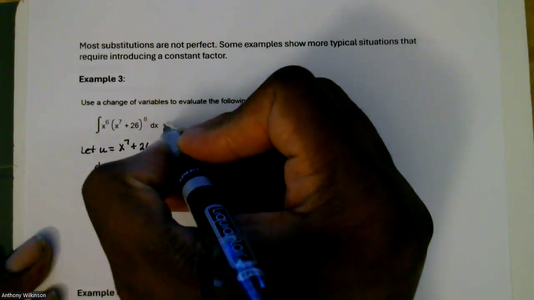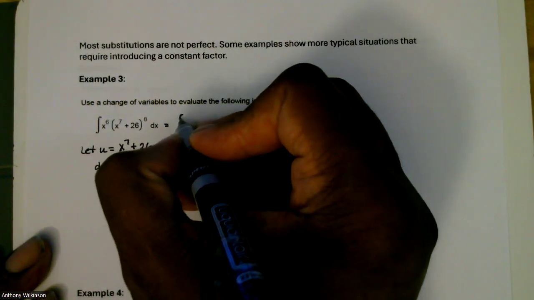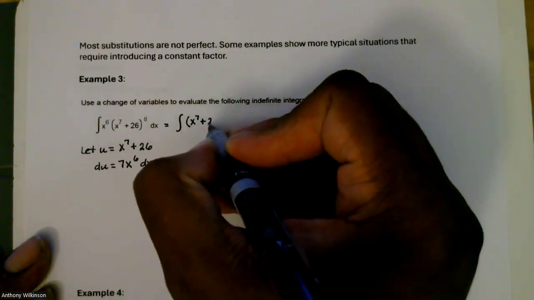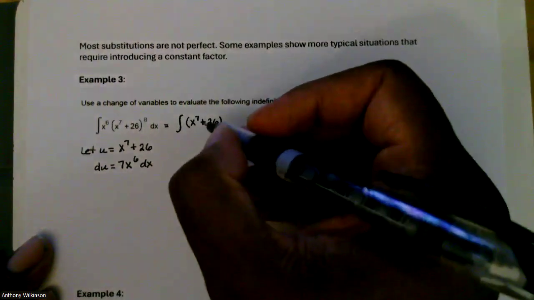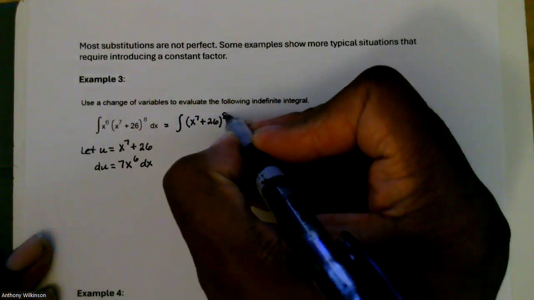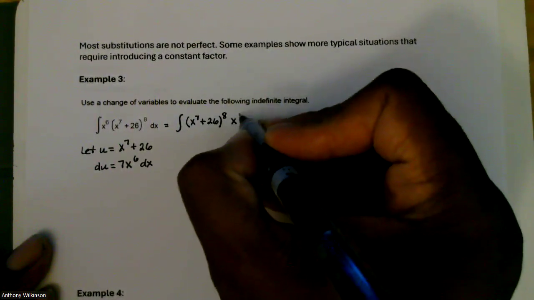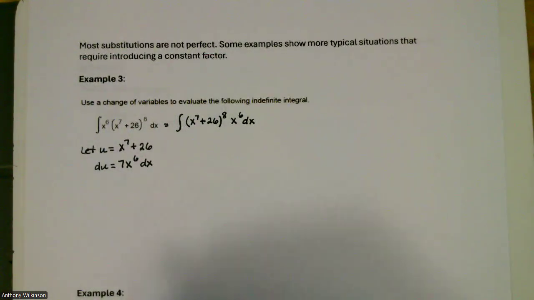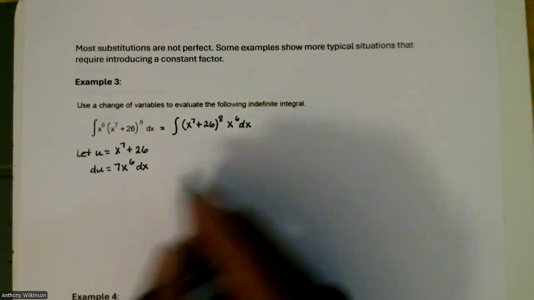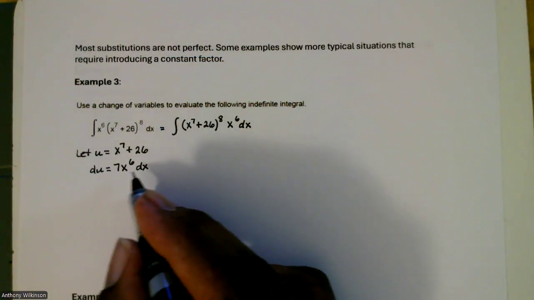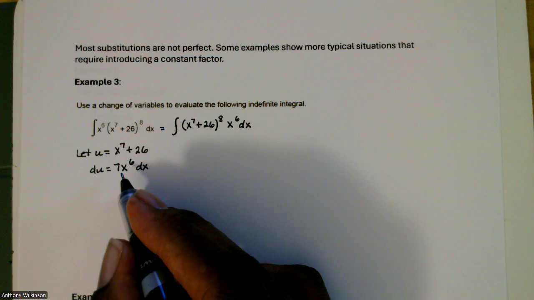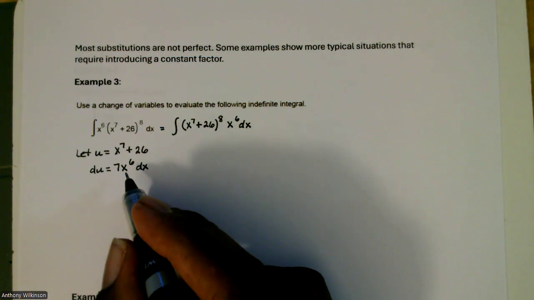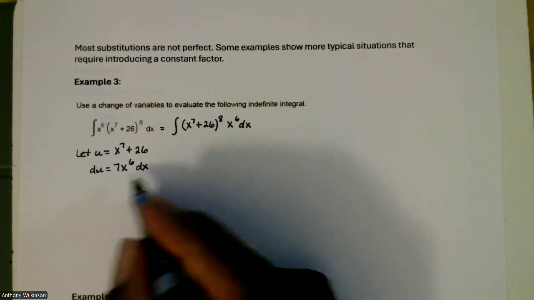Okay? Now, I'm also going to rewrite this as the integral of, and I'm going to put x to the 7th plus 26, and that quantity is to the 8th power, and then put x to the 6th right next to the dx. I'm going to show you something here. I do have x to the 6th dx, but I don't have the 7 up here. However, what I can do here is make this x to the 6th dx. I can get that by itself.